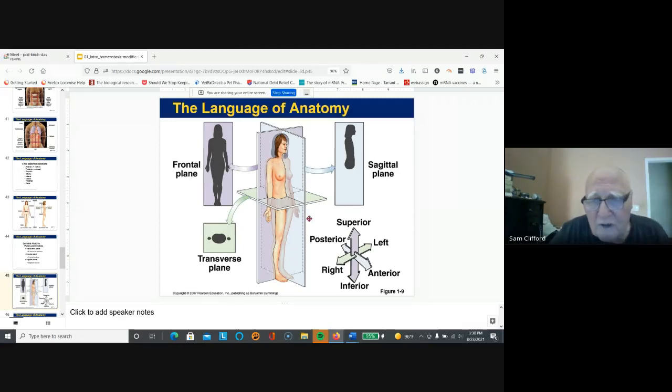So we'll talk about these various ways that we can section the body to look at it. Nowadays, you can have a CAT scan and the physician is able to look at sections throughout the body along any of these planes. So remember, superior is up, inferior is down, front, back, right, left.